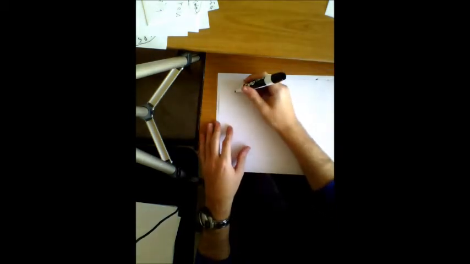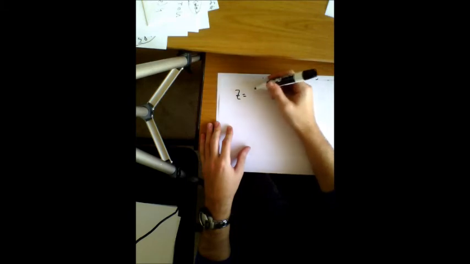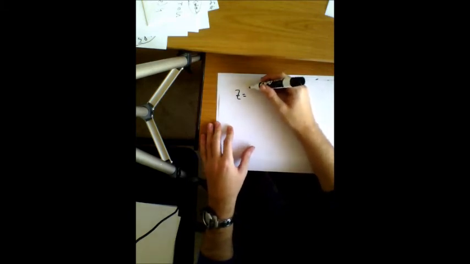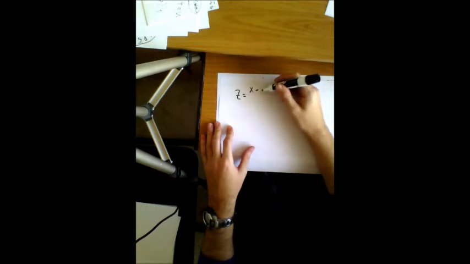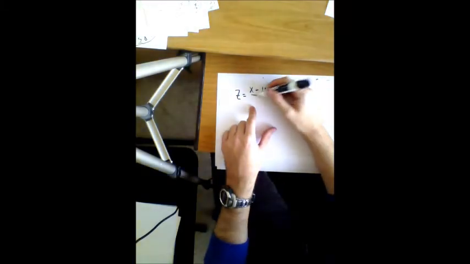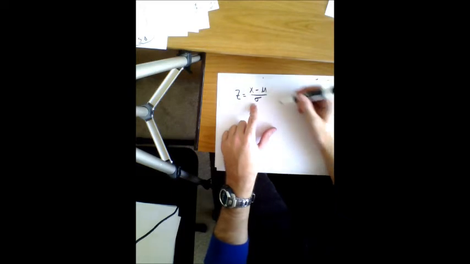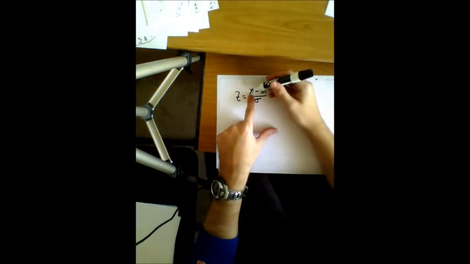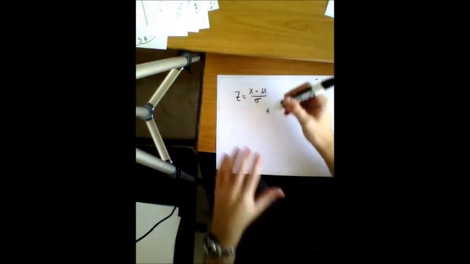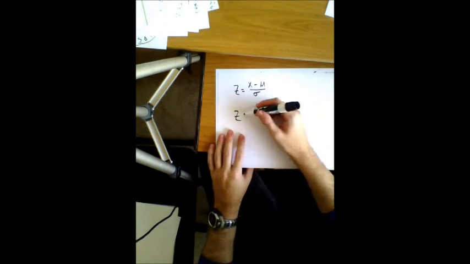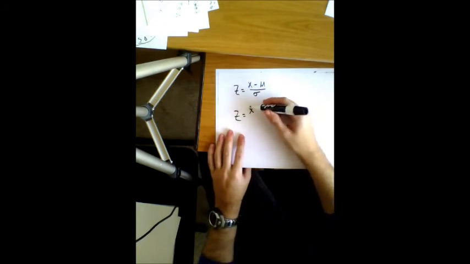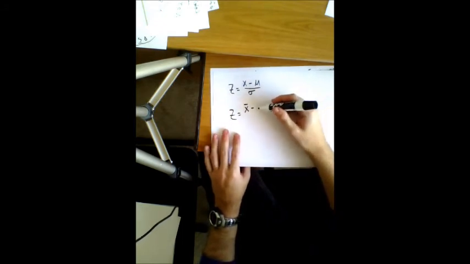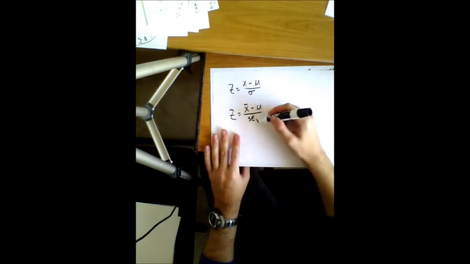Normally we have what? Z is equal to x minus mu divided by sigma, where x's are observed. It's going to look a little different now. Now we're talking about x bar minus the mean divided by the standard error of x bar.